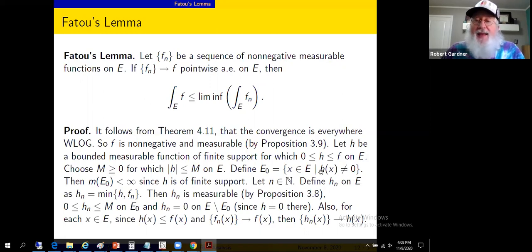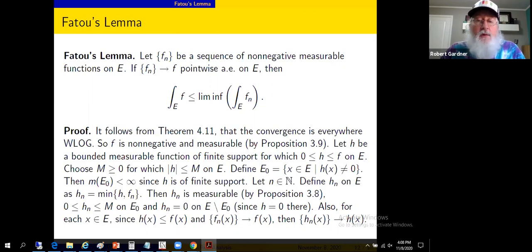Remember, each of the h sub n's is less than or equal to f sub n. So the h sub n's are less than or equal to the f sub n's. The f sub n's get close to f. Let me give you maybe not a whole bunch of epsilons and deltas, but just a touch more informal argument. The f sub n's get close to f.